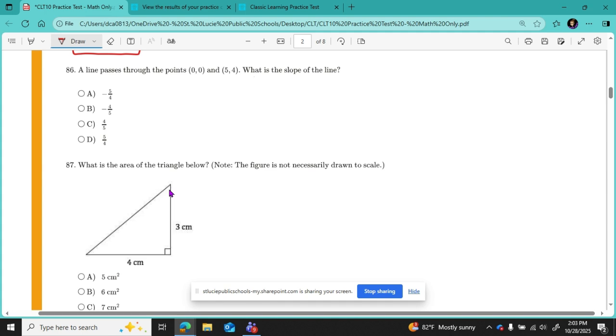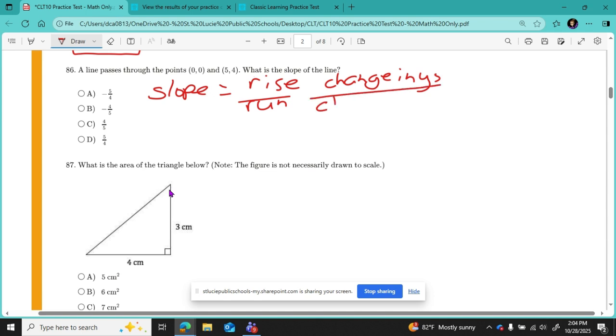Most of my students are great at remembering that slope equals rise over run. A lot of times when I ask what is slope, that's the first thing they'll tell me. So our rise is our change in y's over change in the x's.